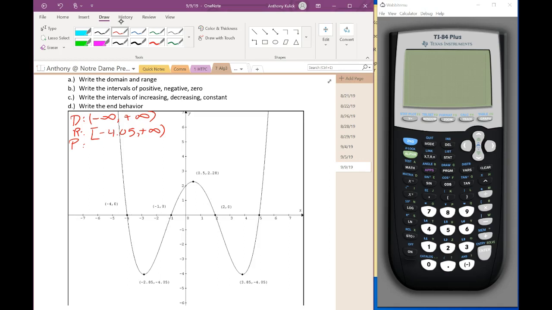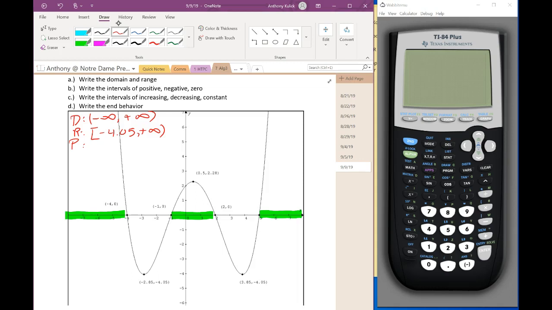So when you're writing the range, does the lowest point have to go first? Yes. All right. So the positive part, the graph is positive from there to there, from there to there, and then from there to there.